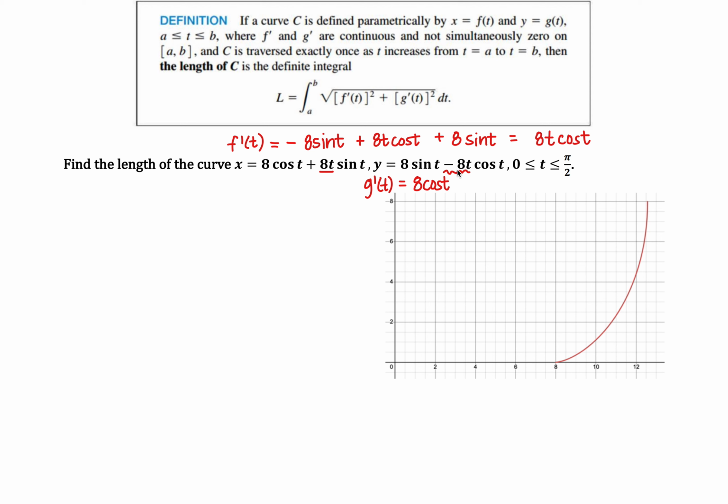So that's going to be negative 8t times negative sine t. So that's going to be a positive 8t sine t. Then I take cosine t times the derivative of negative 8t. So that's going to be negative 8 cosine t. And similar to what happened with f prime, here the 8 cosine t and the negative 8 cosine t cancel out, so we're just left with 8t sine t.